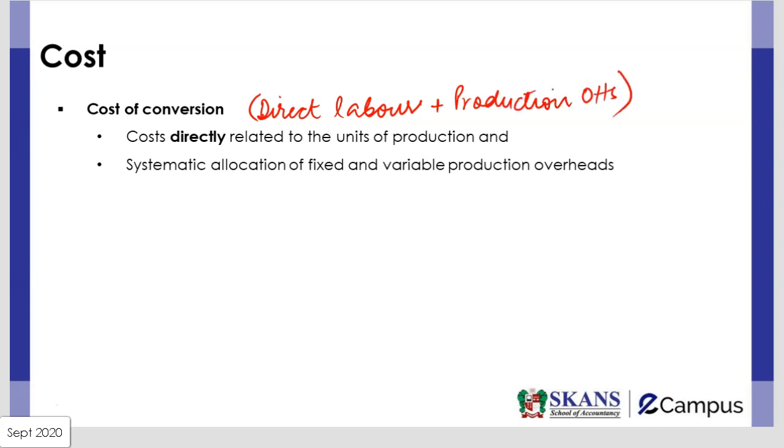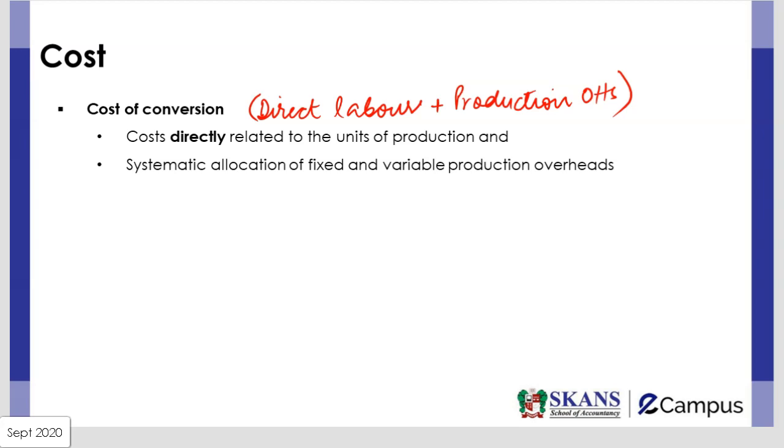We call them production or manufacturing overheads. So the standard IAS 2 says that whatever cost you have to incur directly to convert the raw material into finished goods will also become a part of the cost of asset. So any direct labor, any production overheads will become part of the cost of assets.